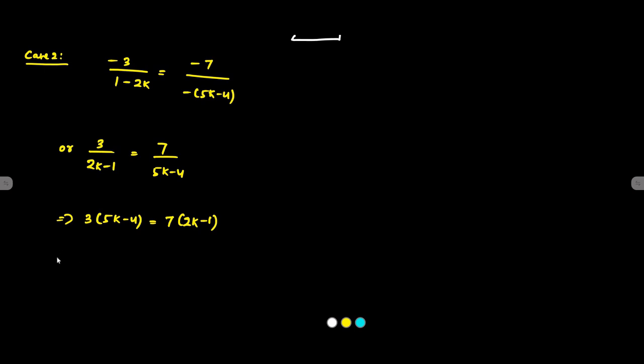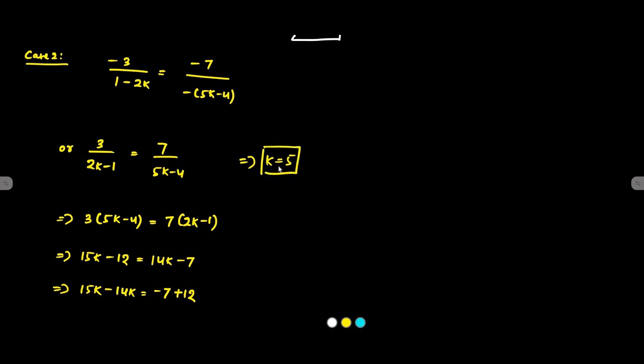That implies 15k minus 12 is equal to 14k minus 7. That implies 15k minus 14k is equal to minus 7 plus 12. That implies k is equal to 5. So this way also we are getting k is equal to 5.